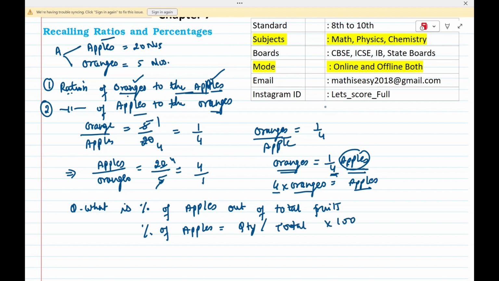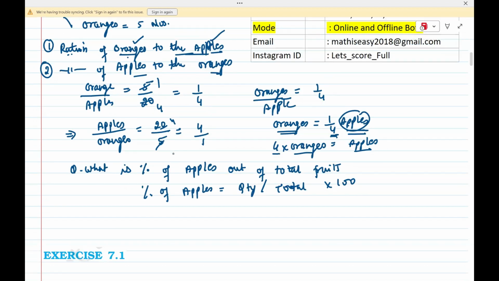In this case, to calculate the percentage of apples, what is the quantity of apples? I know it is 20. And total fruits, I have 20 apples and 5 oranges, so total is 25. Into 100 percent.